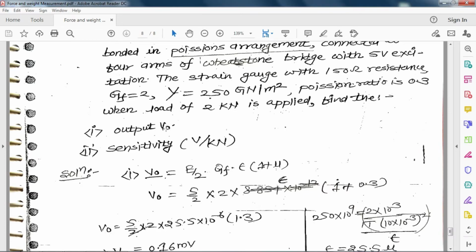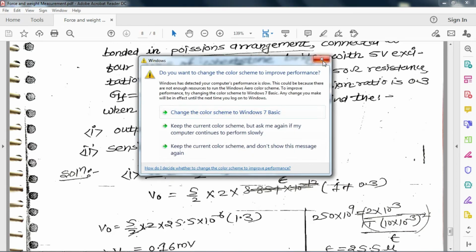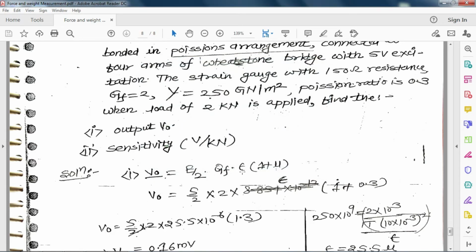In this case, we have to find the output voltage. So our output voltage is equal to E divided by 2, where E is our excitation voltage, into gauge factor into strain into (1 plus mu). This is our formula we already discussed. Here E is equal to 5, gauge factor is equal to 2, and we have to calculate the strain from the Young modulus, and 1 plus mu, where mu is 0.3.